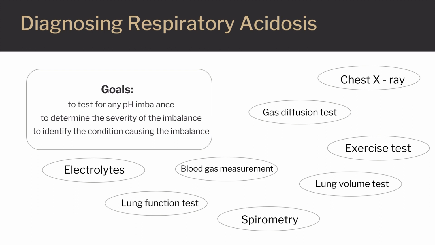Chest X-ray. X-rays can help doctors see injuries, muscular issues, or skeletal problems that can cause acidosis. Other tests. Based on the outcomes of these tests, your doctor may also perform other examinations to help diagnose the condition that's causing the acidosis. Another condition, known as metabolic acidosis, may cause similar symptoms.